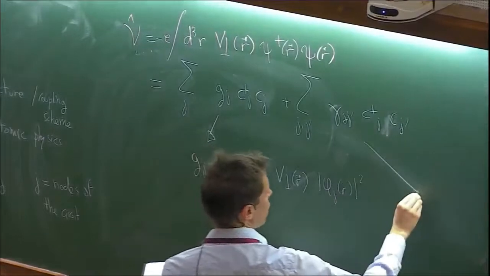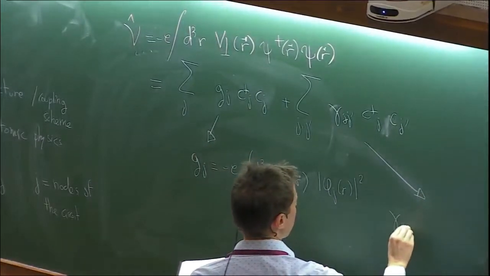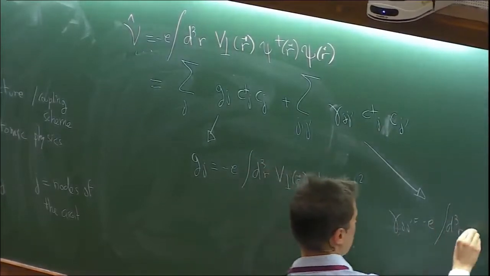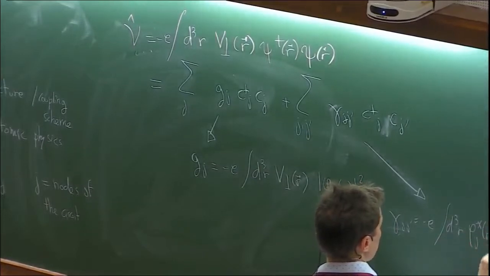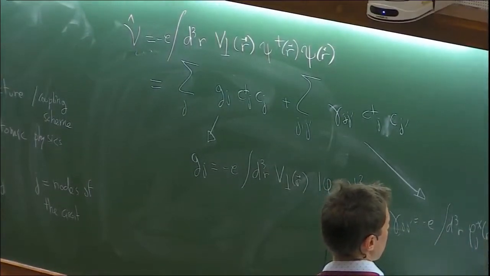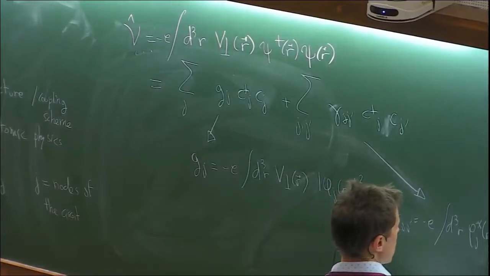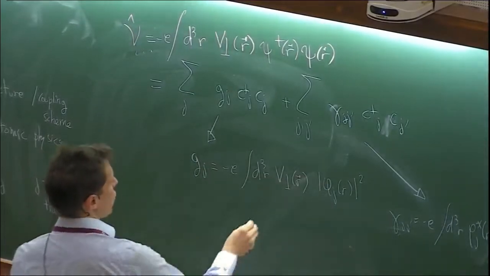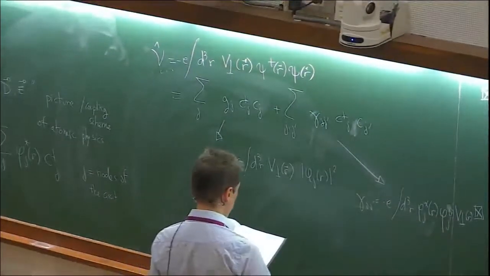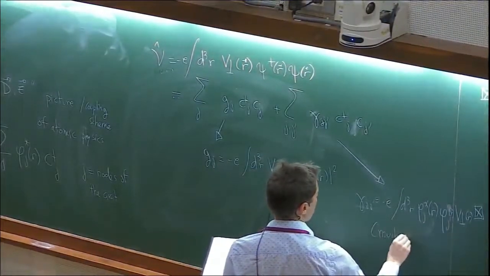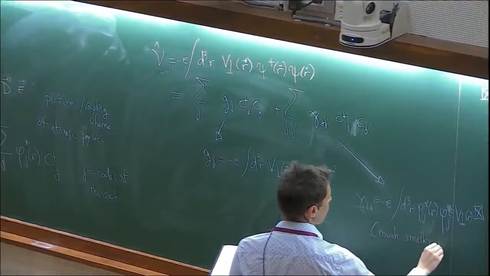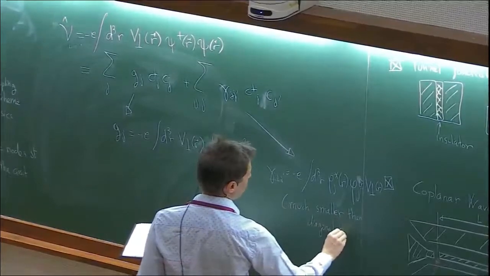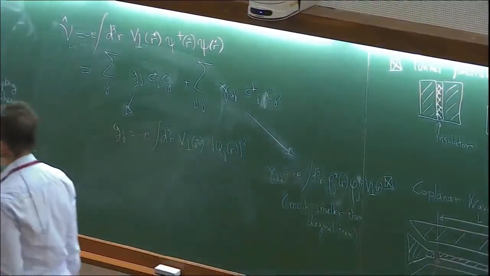And this here is some cross term, with the overlap, times the expectation value of the field here. Usually this one is much smaller than the diagonal, although it can be important in some cases. So we disregard this term for the moment.